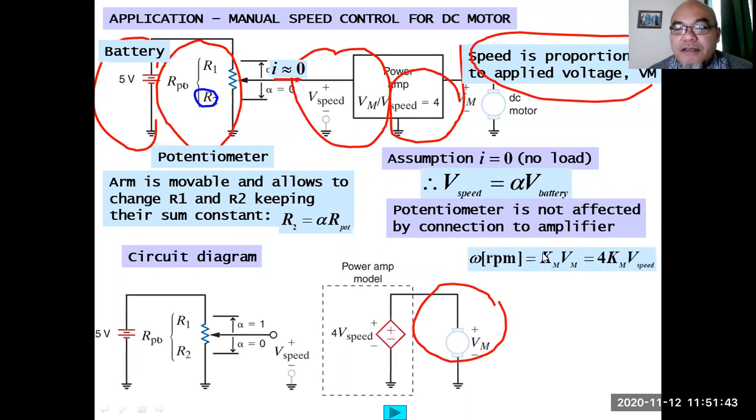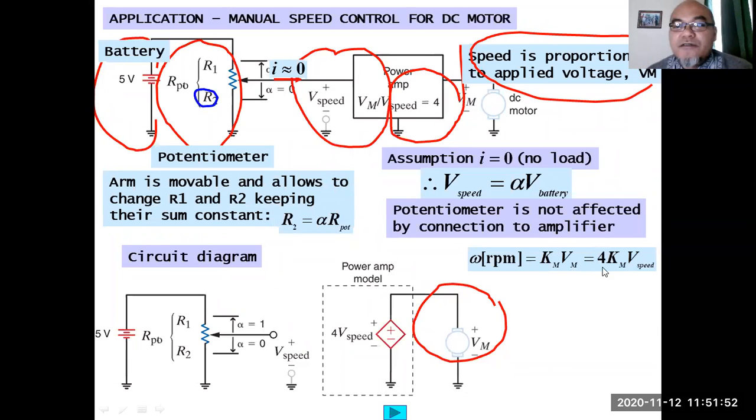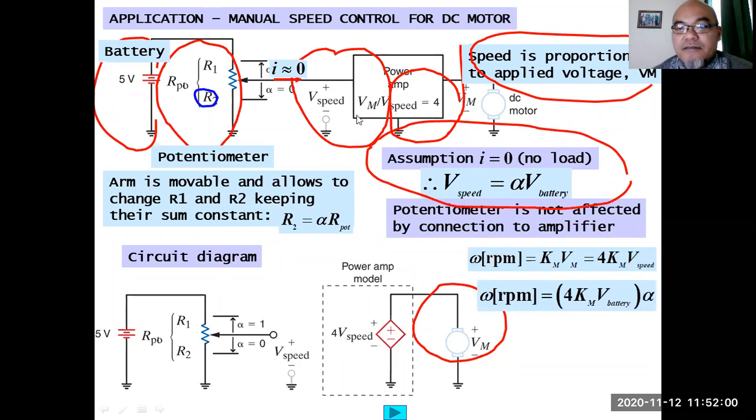So omega RPM equals a constant km times VM, the voltage across the DC motor, which equals 4 km times the V speed at the power supply part. So omega RPM equals 4 km times V battery times alpha. This is from this part.